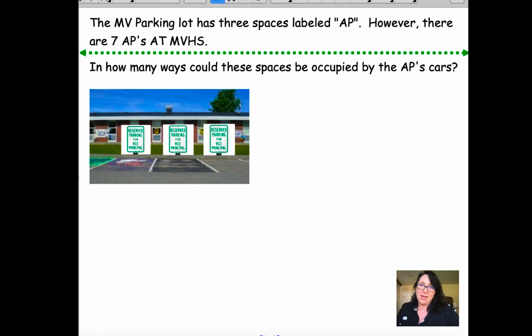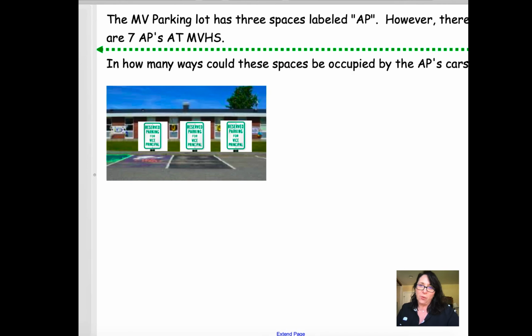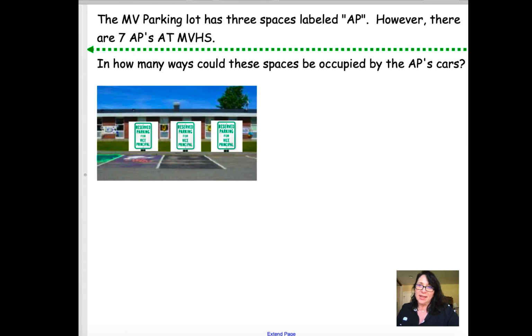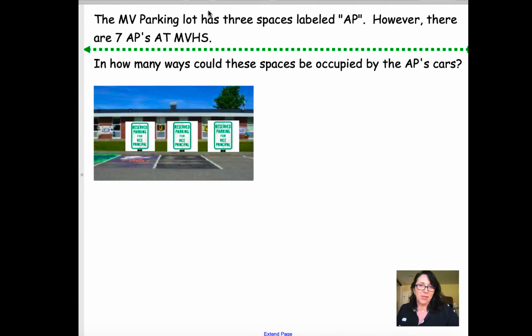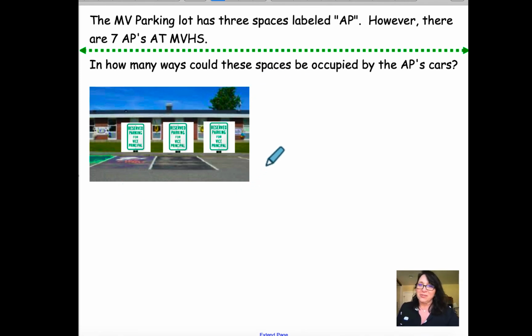So now we have the Mountain View parking lot, which has 3 spaces labeled AP. However, there are 7 APs at school at any time, right? And so how many ways can our 3 parking spots be arranged with those 7 APs?